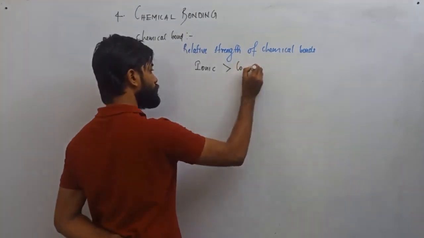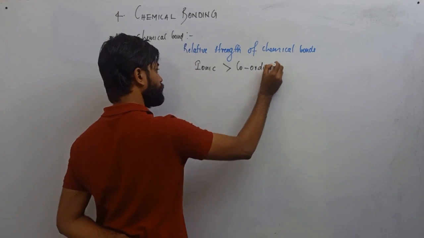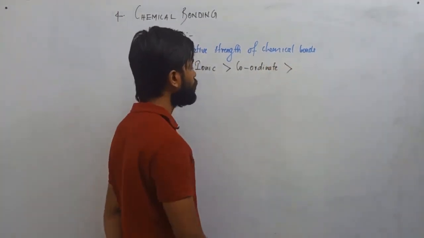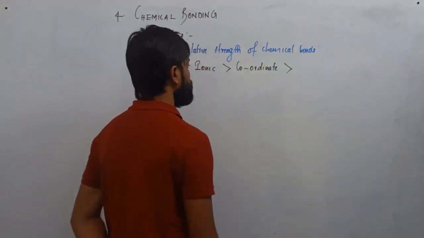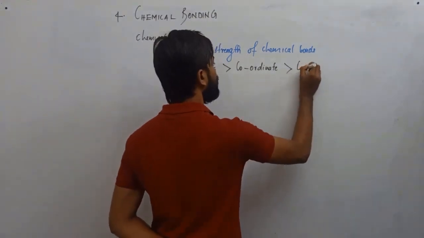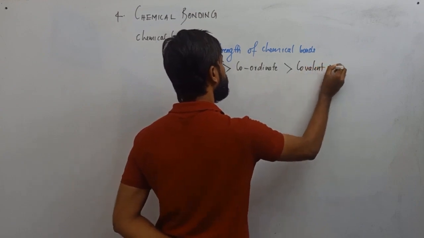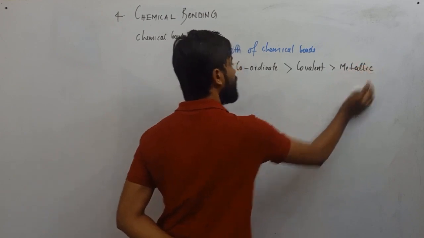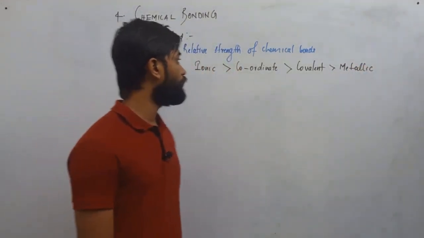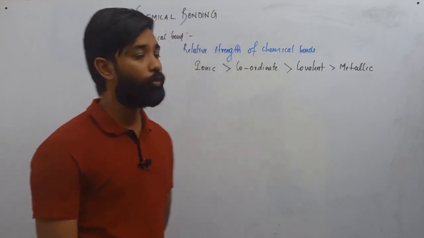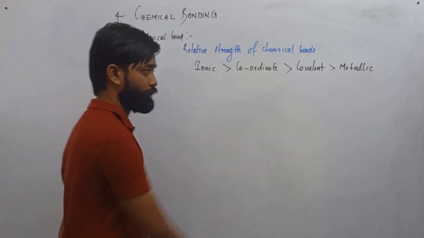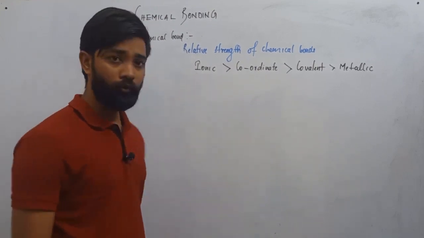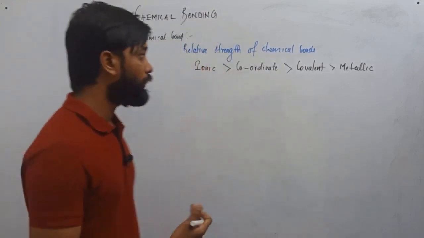Then the second one is the coordinate bond, the third one is the covalent bond, and the fourth one, which is a little bit weak, is metallic bonding. So these are the different types of chemical bonds and their relative strength. We will discuss each bonding in the following sections.